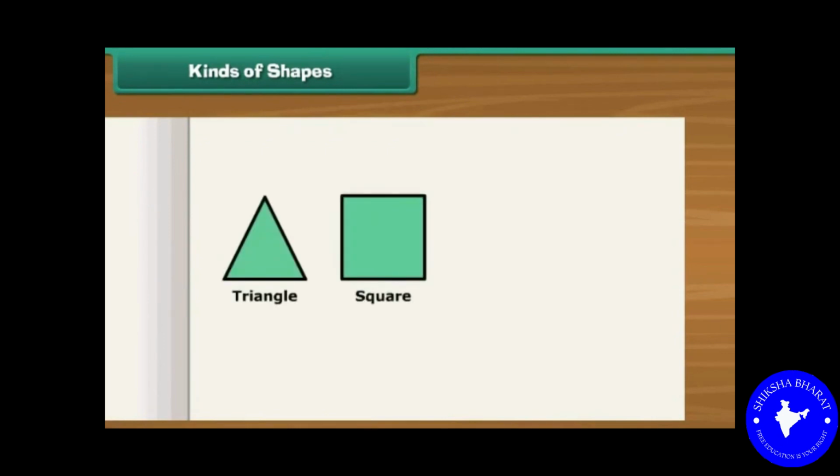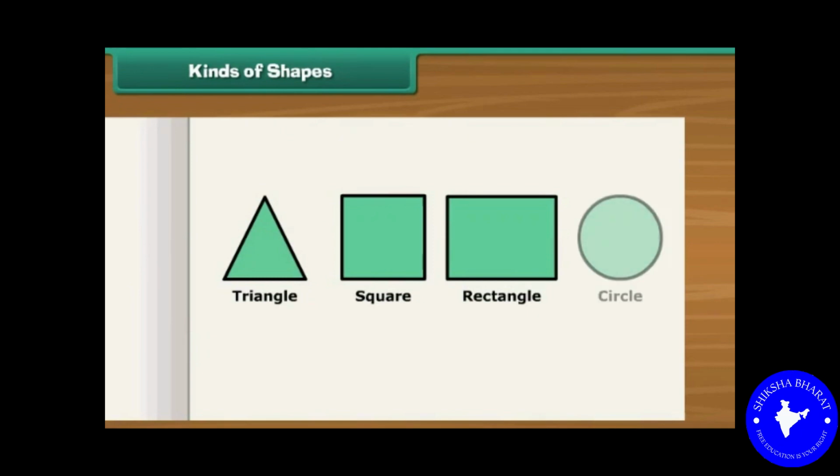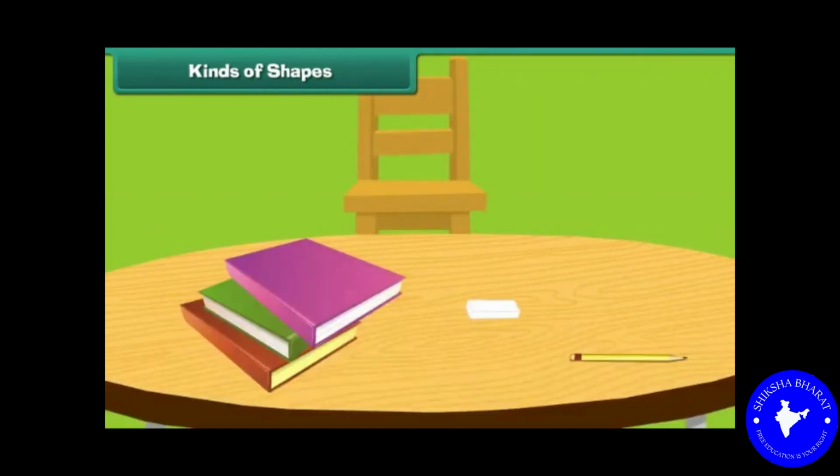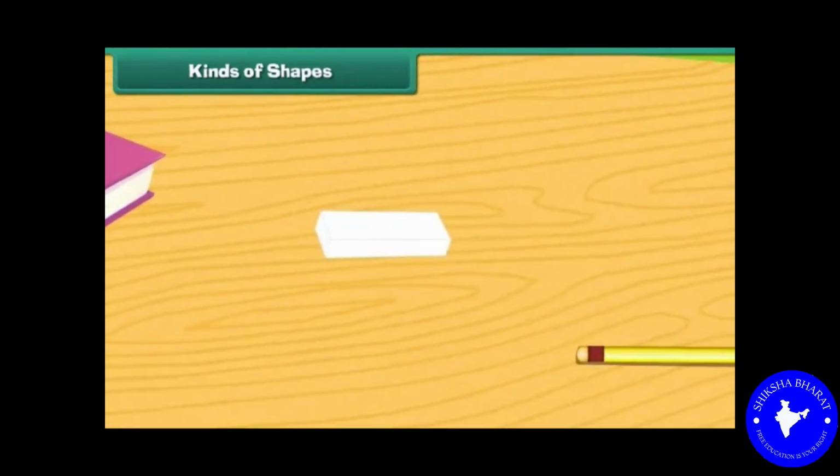The shapes that we draw on paper, such as triangles, squares, rectangles, circles, etc., are called plane shapes. Plane shapes are also known as 2D objects. Solid shapes are also known as 3D objects. All 3D objects have depth, which 2D objects do not have.